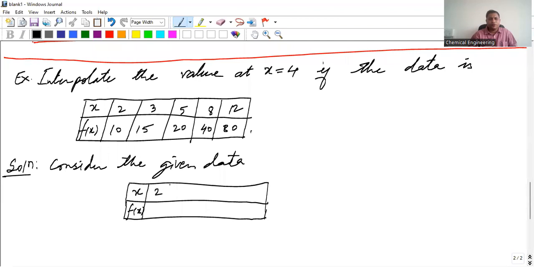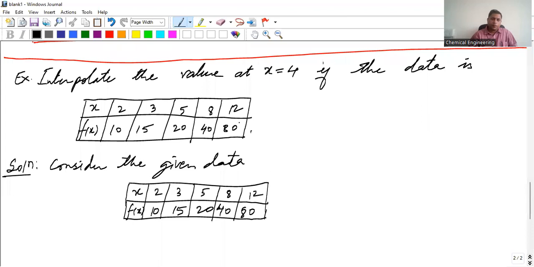So here we have x: 2, 3, 5, 8, and 12, and f(x): 10, 15, 20, 40, and 80.